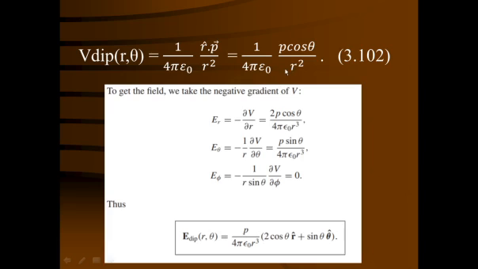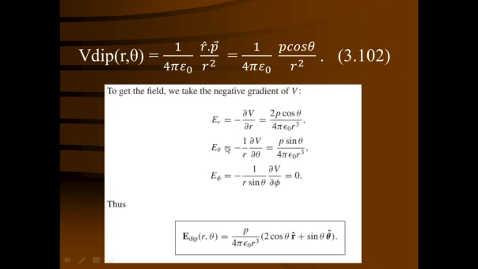So the minus sign and the minus 2 cancel. That means 2p cos theta upon 4 pi epsilon 0 r cube. So this is the E_r component we have obtained.